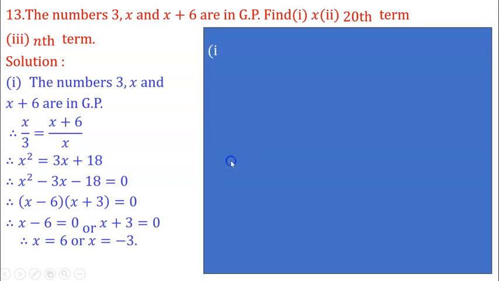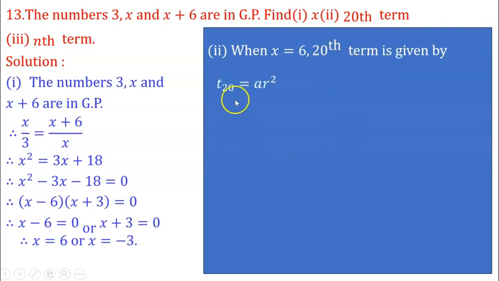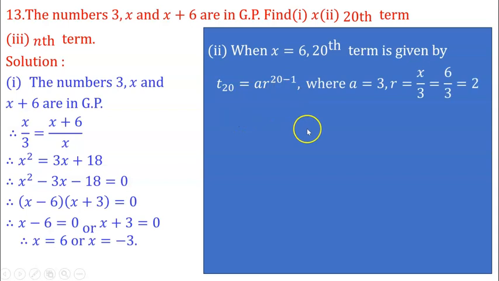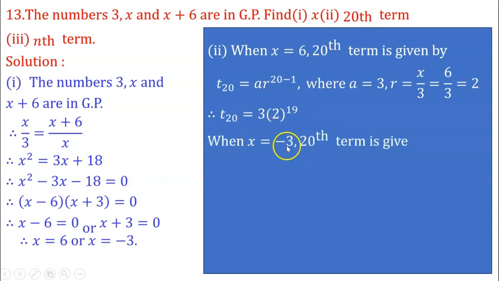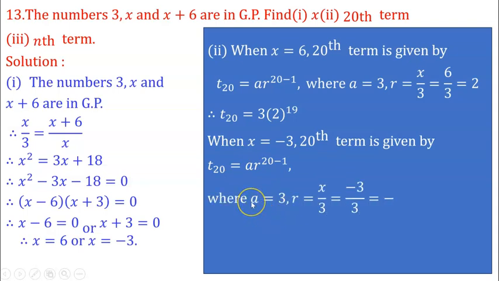Okay. Now when x equals 6, the 20th term is given by T20 equals A into R raised to 20 minus 1, where A equals 3, R equals x upon 3, means 6 upon 3, that equals 2. Therefore, T20 equals 3 into 2 raised to 19. When x equals minus 3, the 20th term is given by T20 equals A into R raised to 20 minus 1, where A equals 3, R equals x upon 3, that is minus 3 upon 3, so R equals minus 1.